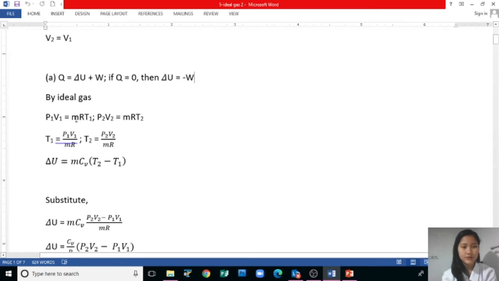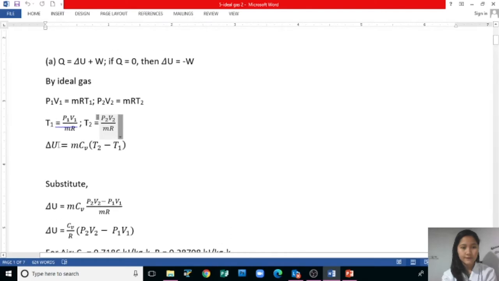And if we transform this equation, we have for the temperature, T1 is equal to P1V1 divided by mR, and T2 is equal to P2V2 divided by mR. So we're going to use this formula in order to find the work.